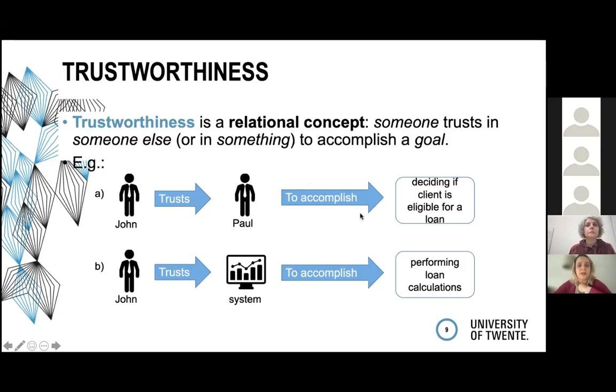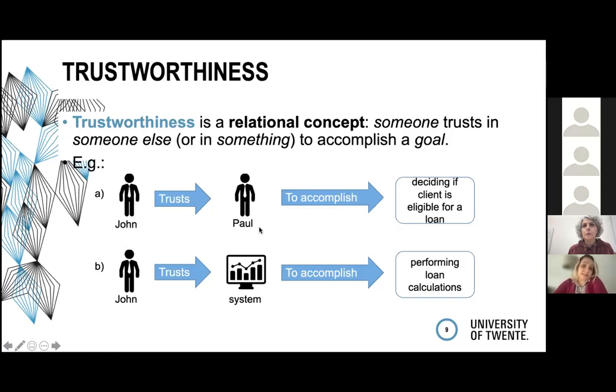If we are talking about a company that provides financial support to people, suppose John is the manager, and Paul is the person that decides if the loan is going to be granted. So John trusts Paul to decide if the client is eligible or not for a loan.